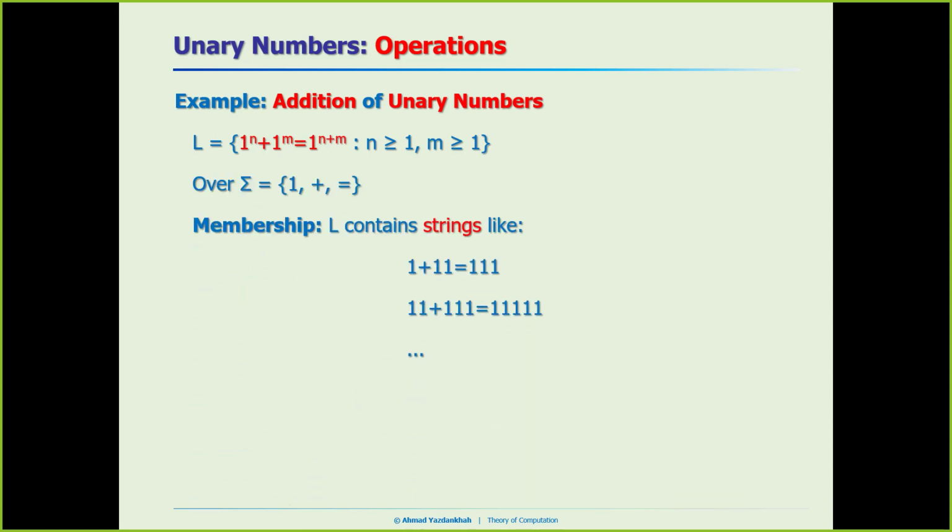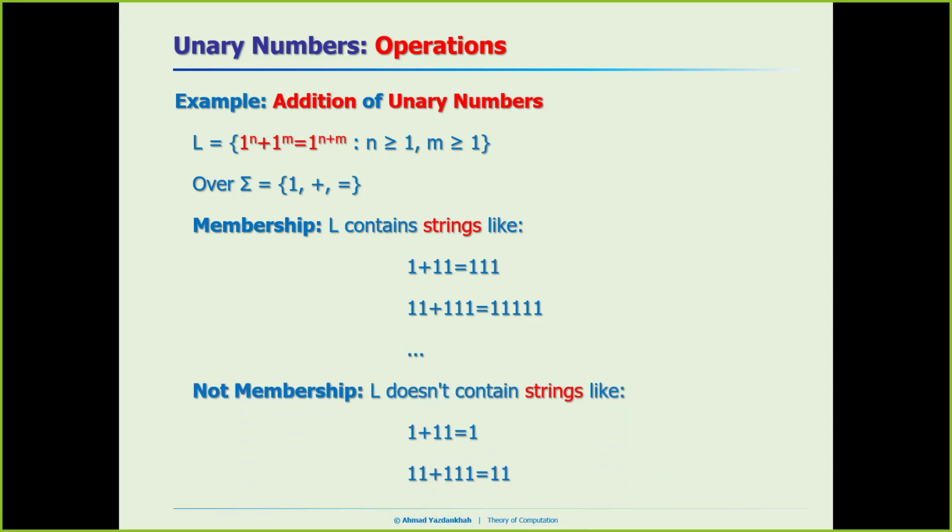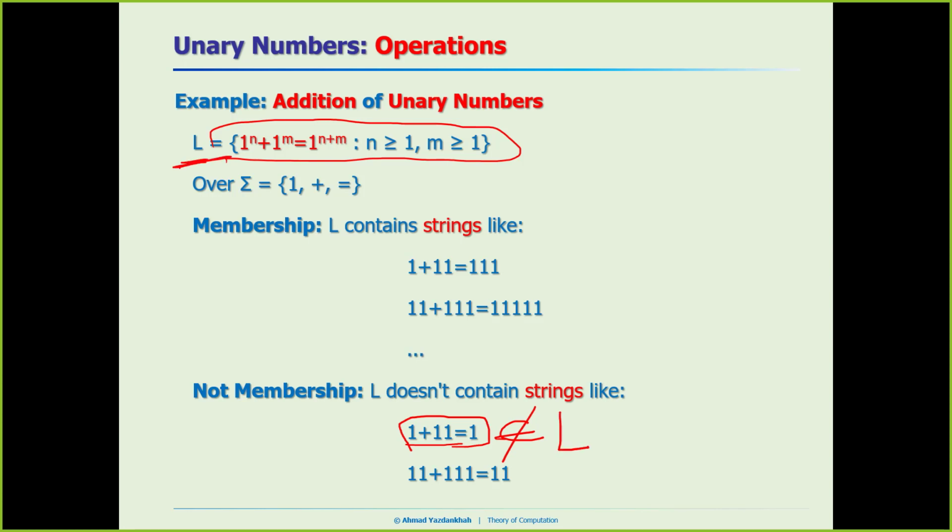And these strings do not belong to this language, right? So this is a precise definition of the language. For example, 1 plus 1, 1 equal to 1: the whole of this is a string, but it does not belong to L, if we call this language L. And this one either. Up to this point, everything in computer science is a string.